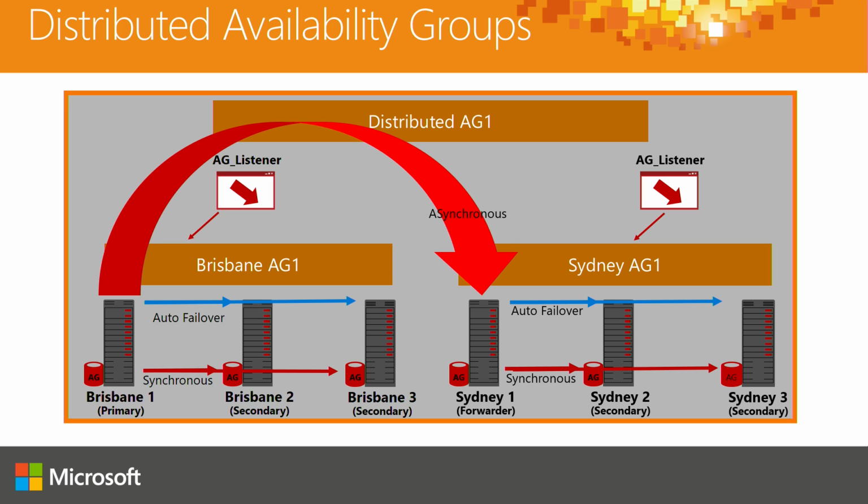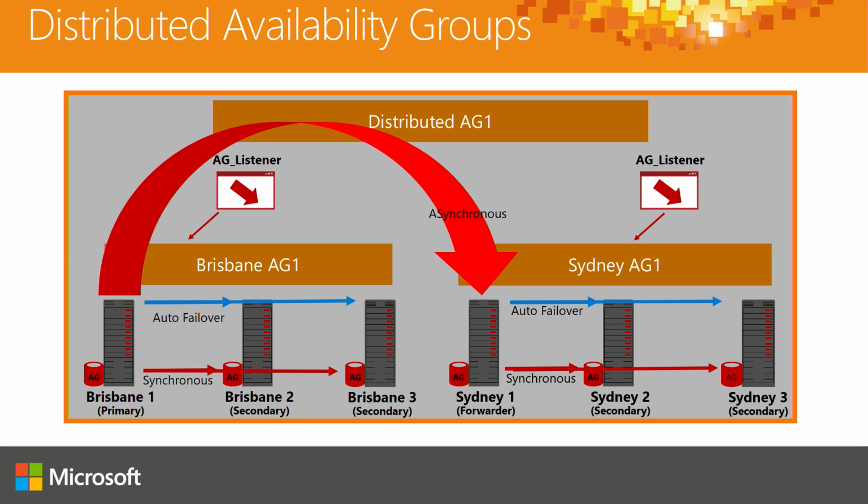What that means is we can have 2 clusters. Cluster 1, which is in Brisbane, AG1, can replicate the data to Sydney. So this is the ability, if you have a DR site, to more efficiently distribute your data to that DR site.